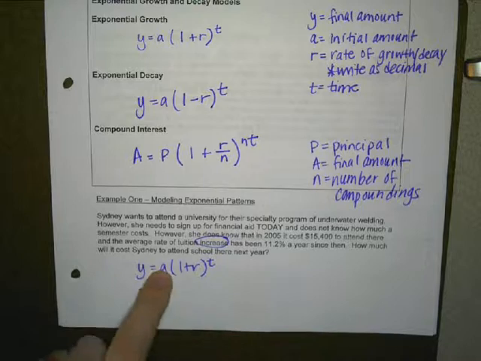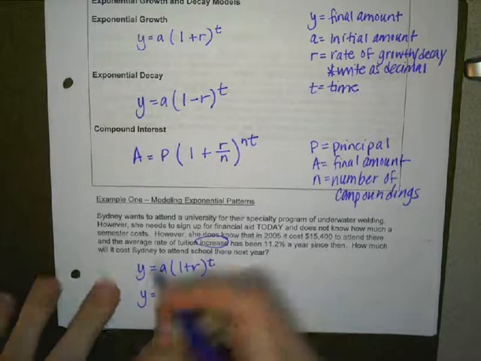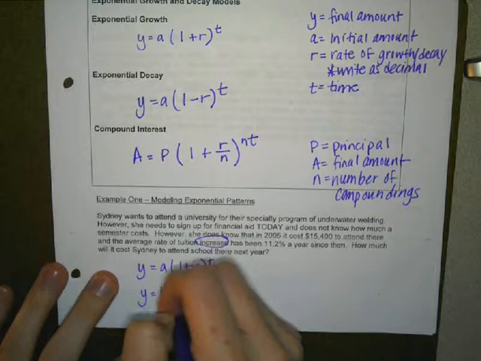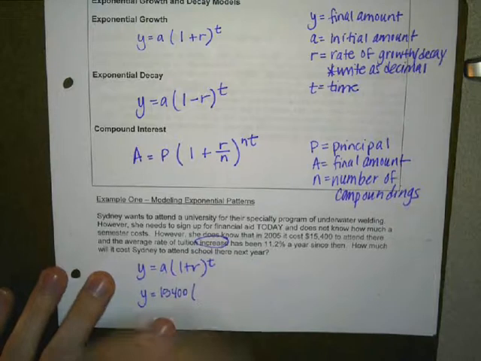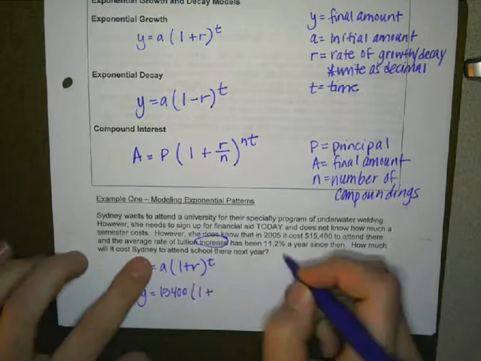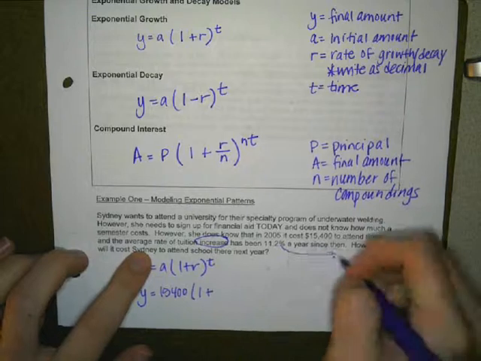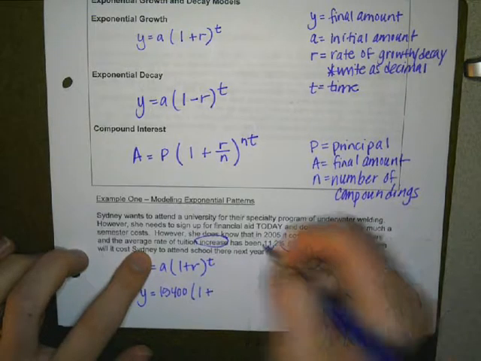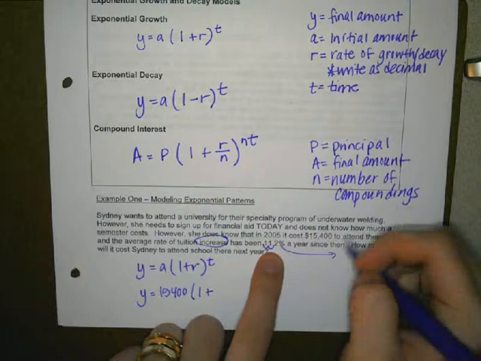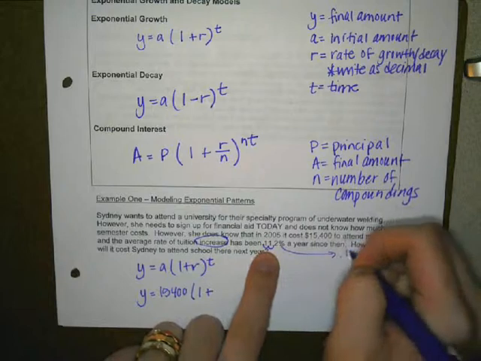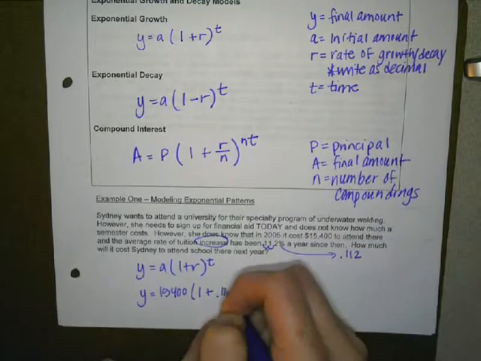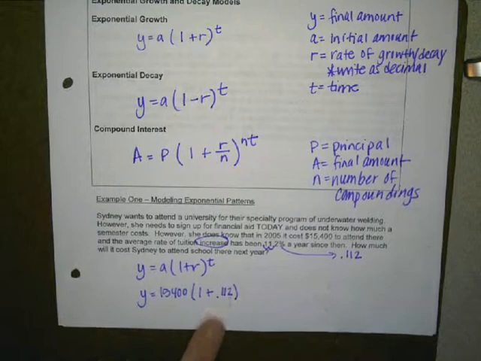A is my initial amount, so $15,400. My rate is 11.2, but I have to write that as a decimal. To write as a decimal, it's like you're dividing by 100 or moving the decimal place over. So we're going to add 0.112, and then to the t power.